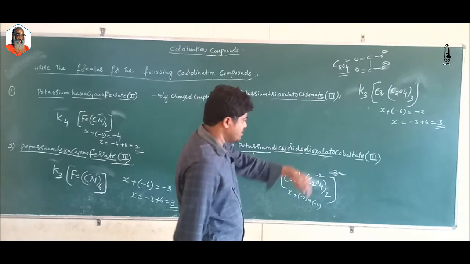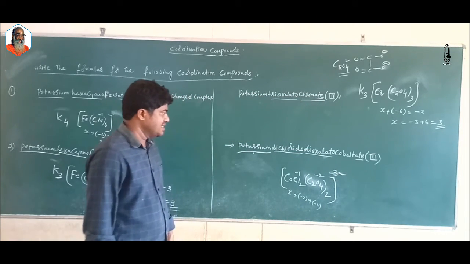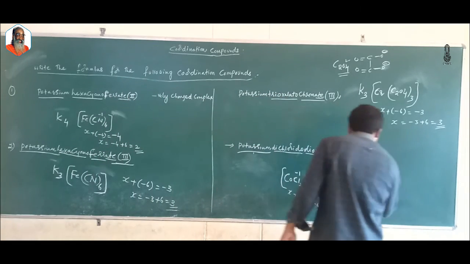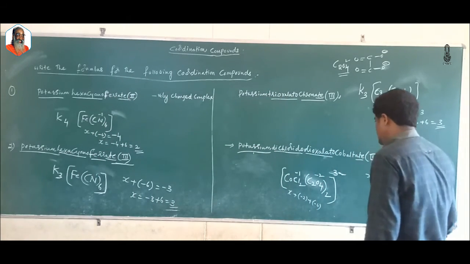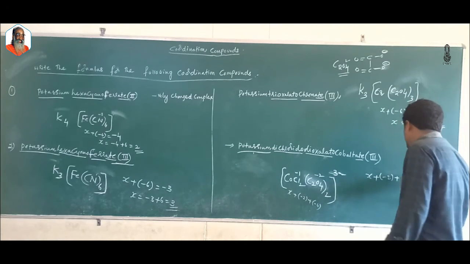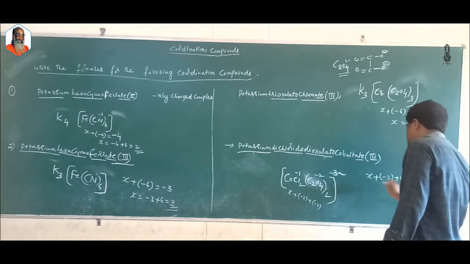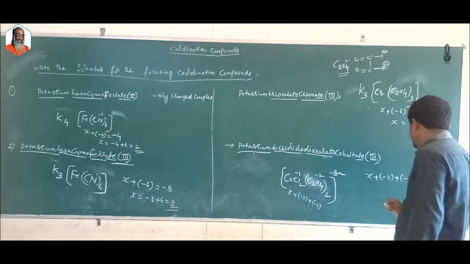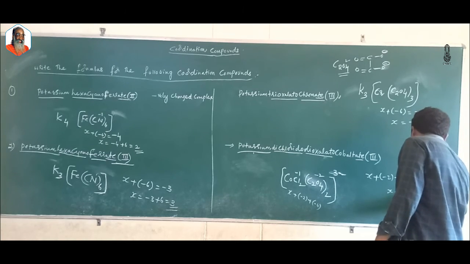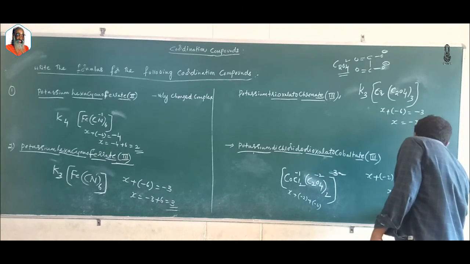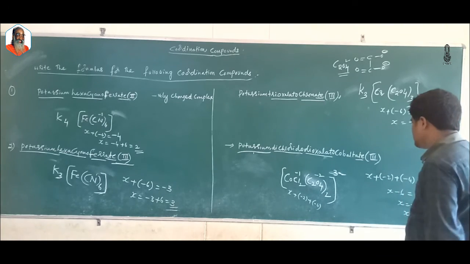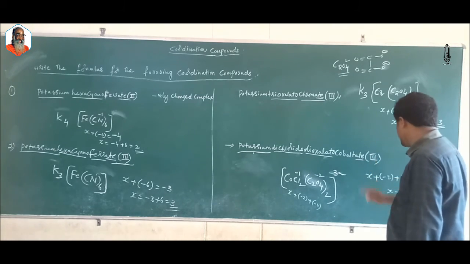Then we can get the oxidation state of cobalt. x plus (-1 into 2 = -2) plus (-2 into 2 = -4) is equal to -3. So x minus 6 is equal to -3, x is equal to -3 plus 6, x is equal to 3. So the oxidation state of cobalt is 3.